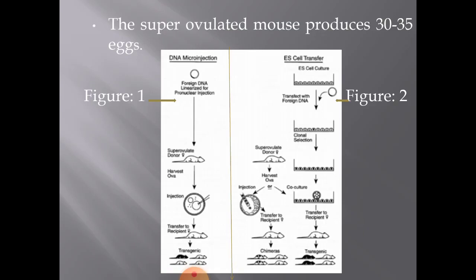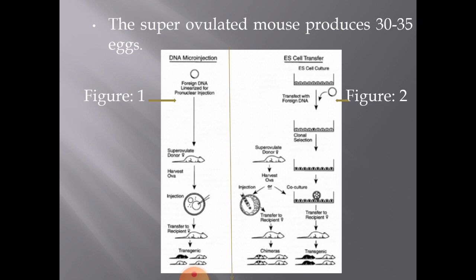So first you will make the mice superovulate, then you will make them mate with the males, and next day you will sacrifice them. Then you will cut open the fallopian tubes and retrieve the fertilized eggs.